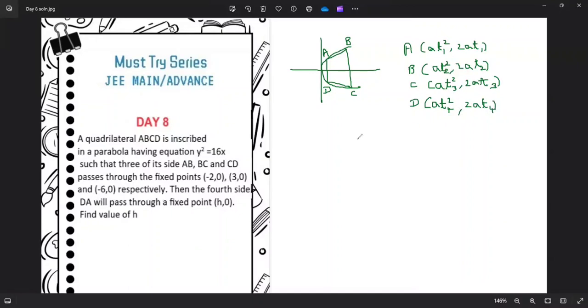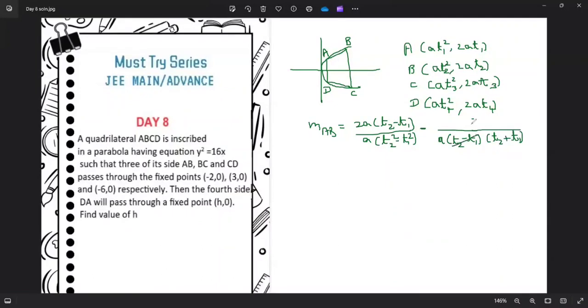So if I talk about the slope of AB, it is 2a times (t2 minus t1) divided by a times (t2 squared minus t1 squared). If you apply the a squared minus b squared form, it becomes (t2 minus t1) times (t2 plus t1).